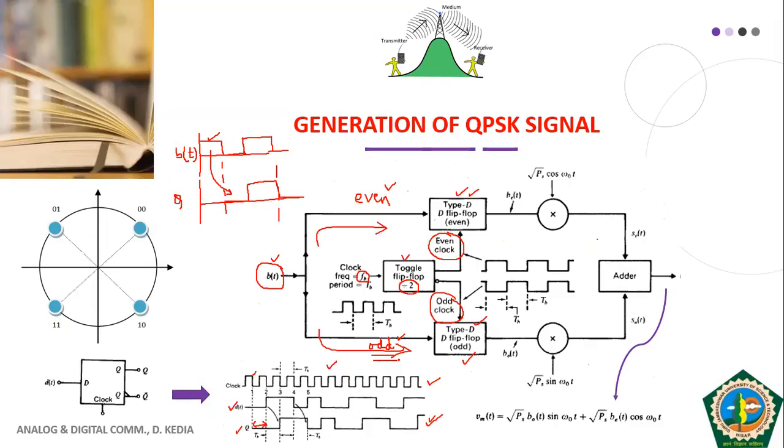So in the next slide, I'll show you the waveforms also, where it will be clear how we are able to segregate even numbered bits and odd numbered bits. For the time being, you can assume that at the output of the upper flip-flop, we will get even numbered bits, and at the output of the lower flip-flop, we'll get odd numbered bits. Fine. So let us see how we segregate them in the next slide.